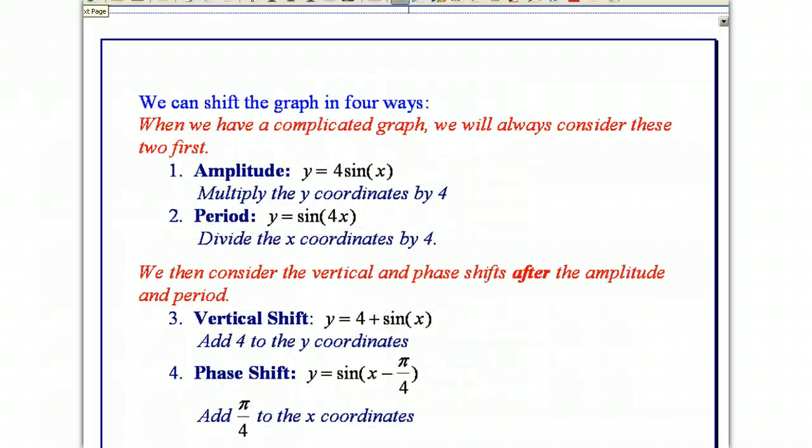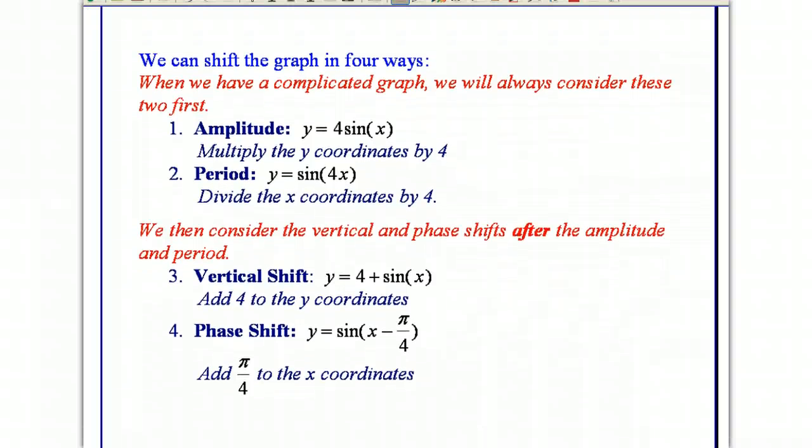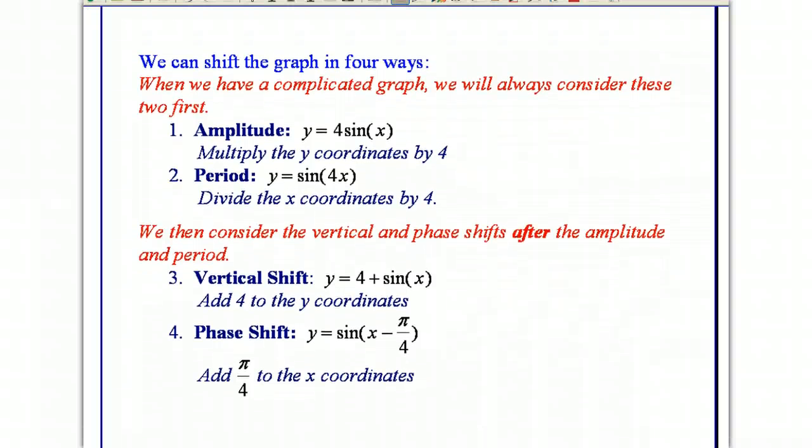Now, we can do all sorts of things with these graphs. There's 4 different ways these can be shifted. And in a complicated graph, all 4 things will be going on, which is a big challenge. So if they ever put a number, remember, right in front of a trig function, that affects the amplitude, and that would affect the y-coordinates. You have to multiply your y-coordinates by 4. If they ever put a number in here with the x, that affects the period.